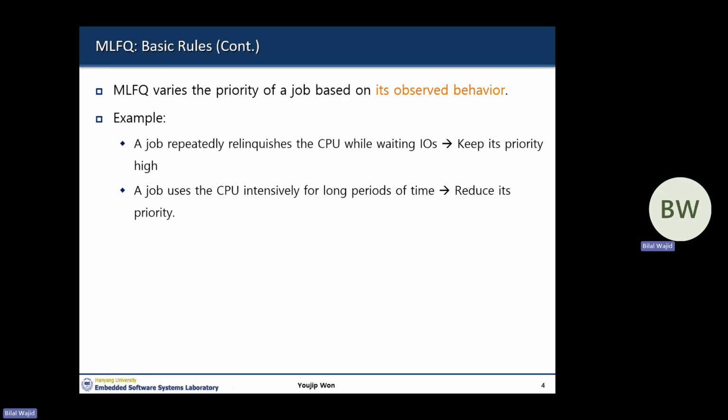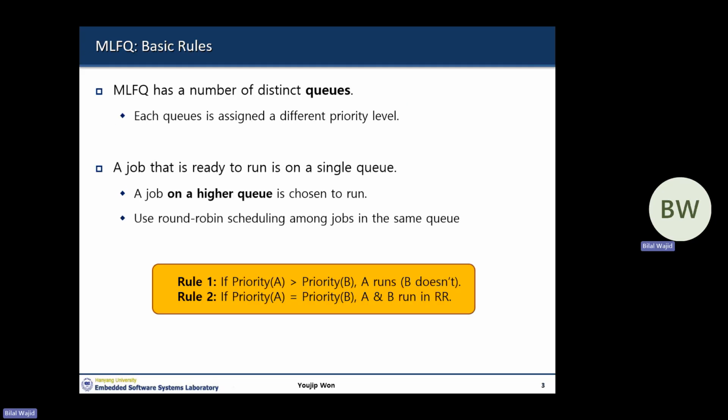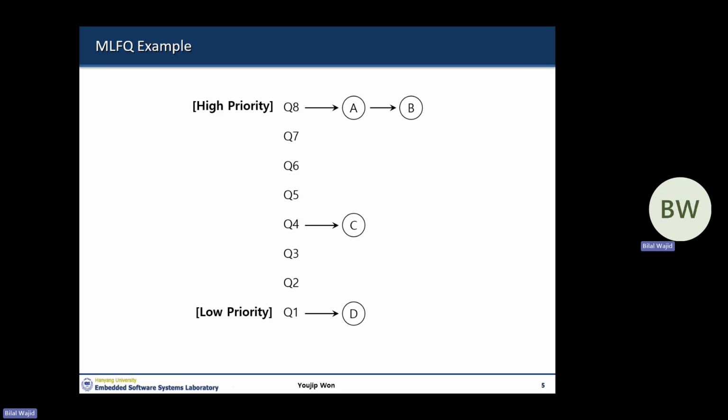Now, as an example, there is a feedback process, since it's a multi-level feedback queue. We understand the multi-level queues. For instance, here is a multi-level queue with about 8 queues, where Q1 is the lowest priority and Q8 is the highest priority.